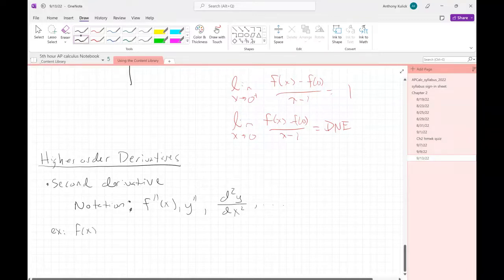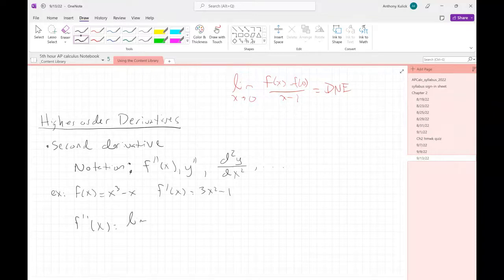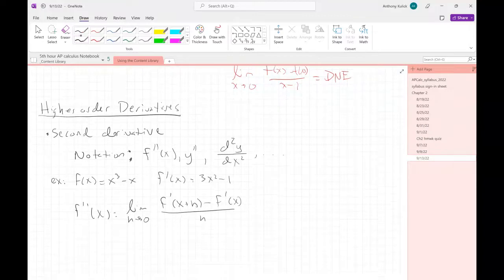So let's say our function was x cubed minus x, and our first derivative then would have been 3x squared minus 1. If I want the second derivative, well, it's just the limit as h approaches 0 of f prime of x plus h minus f prime of x all over h.